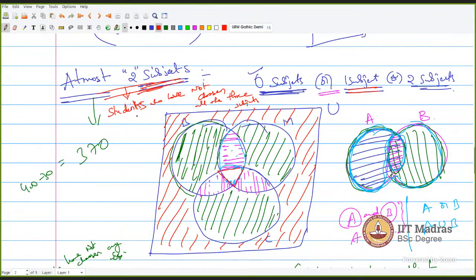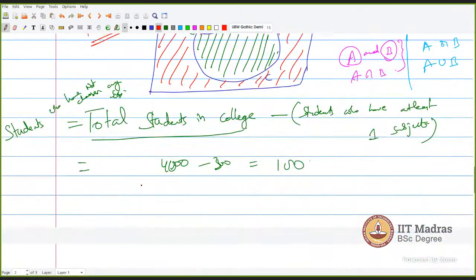In set terminology, B intersection M intersection C is the students who have chosen all the three. The complement will be the students who have not chosen all the three subjects. So actually we are trying to find this. Okay. Got it. Now let's go to at least two subjects.